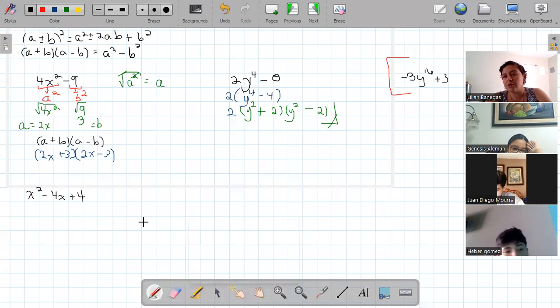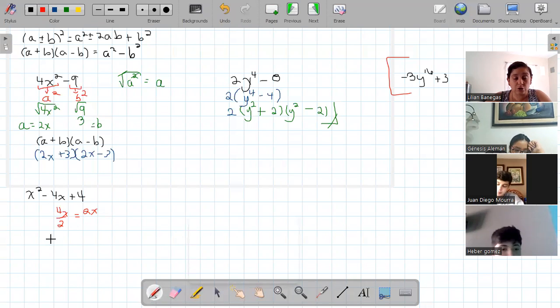So how do we know that this is the factorization of a special case? For us to be able to factorize, we need to be really careful and observe every single term. The first thing that you're going to do is grab the middle term, which is 4x, and you're going to divide that by 2. If that's possible to divide by 2, in this case, yes, you're going to get 2x.